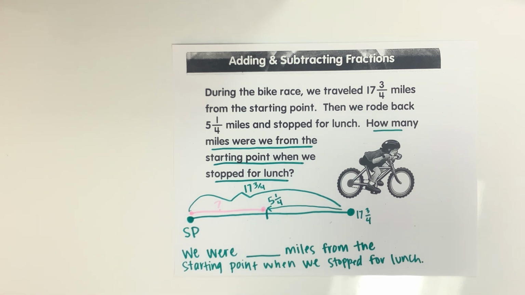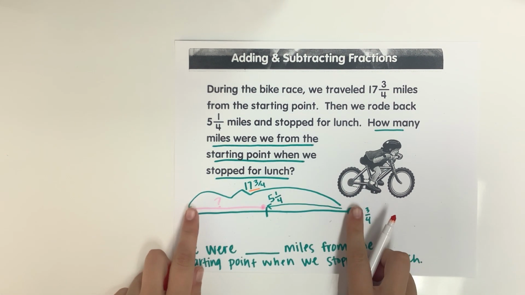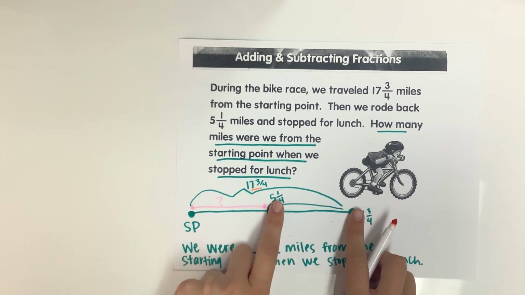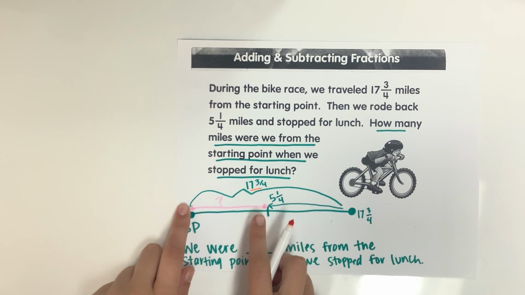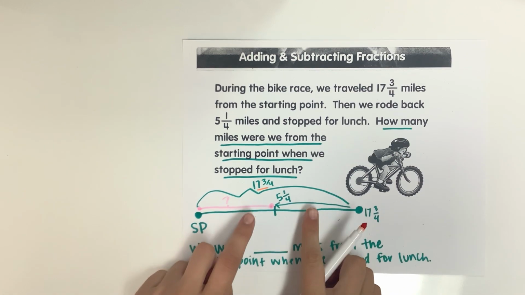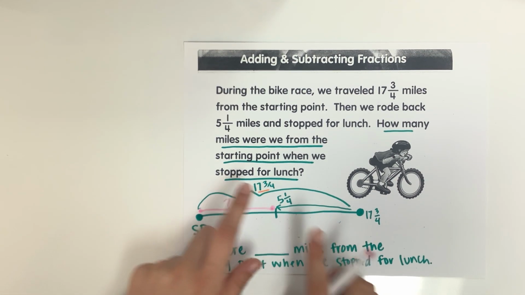So I noticed that this is kind of like a total, right? This is the total length of how far they traveled. They came back 5 miles and a fourth. And this missing piece is going to be how far they are from the starting point. But technically, these two numbers should add up to 17 3/4, right?